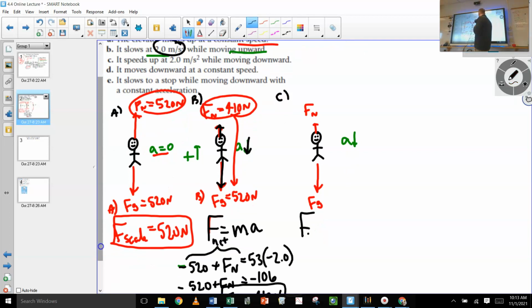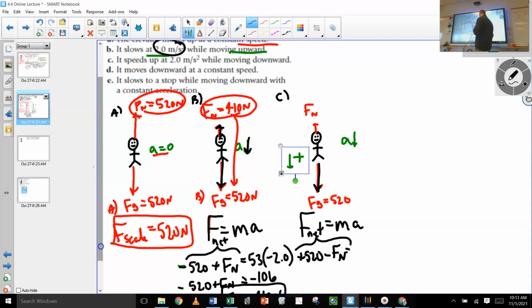So when I do this, F equals ma. It's the net force acting on it. I've got gravity, which is, you know what? In this problem, I'm going to switch this around. I'm going to make down positive. So watch this. My gravity force is still 520. So I have a positive 520. And I have a negative normal force. My mass is still 53. And now my acceleration in this case is positive.